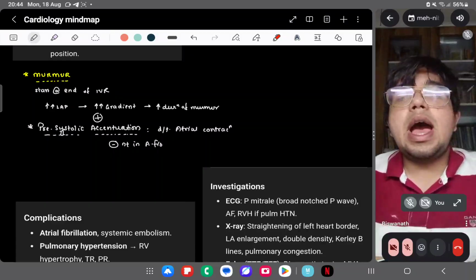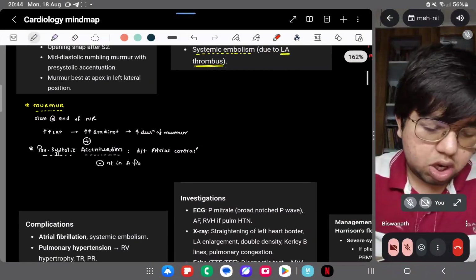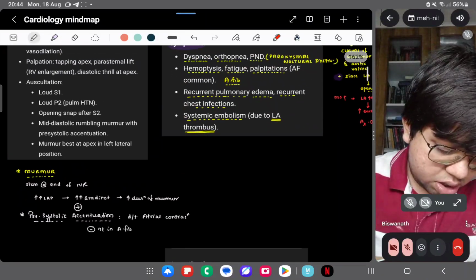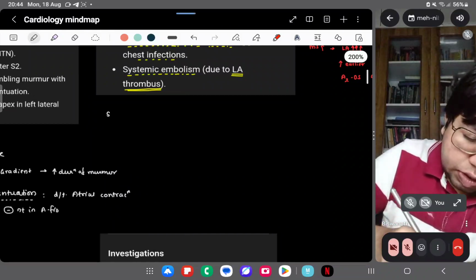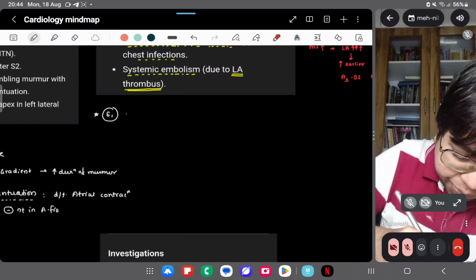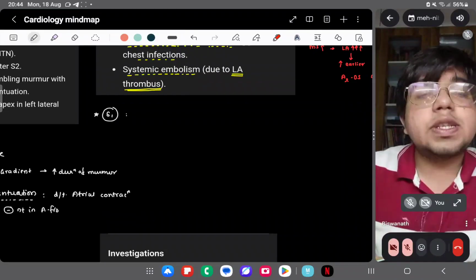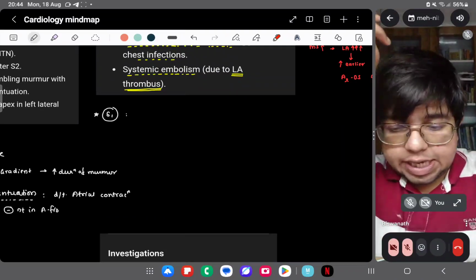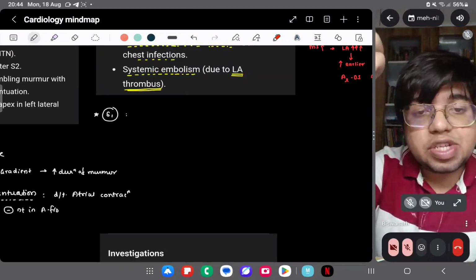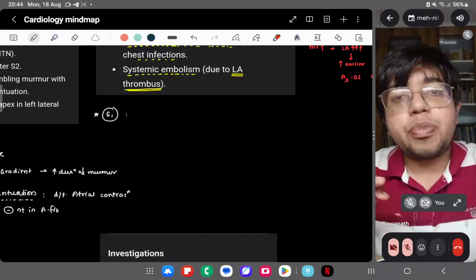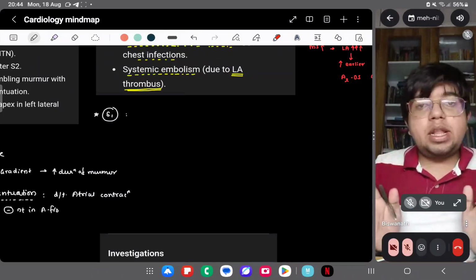Another thing we have to know about is the heart sounds. Let's talk about the heart sounds. We'll see the signs after discussing the heart sounds. So, what will happen to the S1? If you see the position of the leaflet at the end of diastole, it will be open at the bottom.